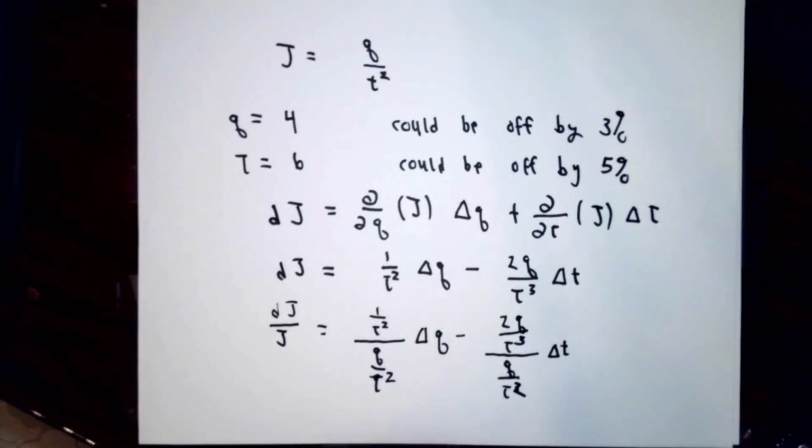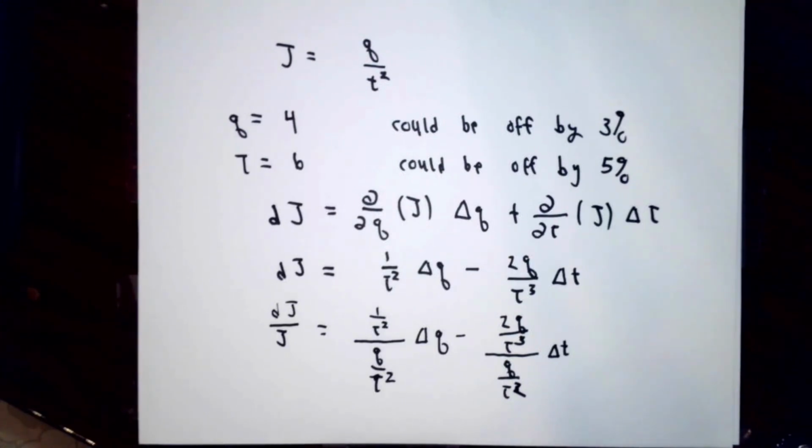Knowing that Q could be off as much as 3% means that the uncertainty in Q, the delta Q, divided by Q, can't be any more than 3%, 3 parts per 100, which would be 0.03. Likewise, delta T divided by T can't be any bigger in absolute value than 0.05.